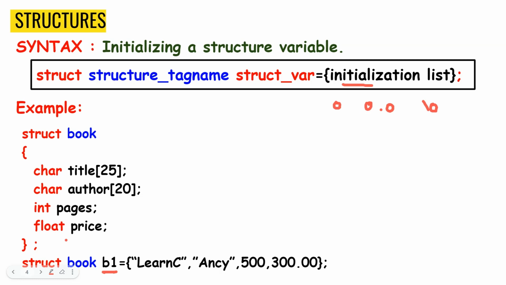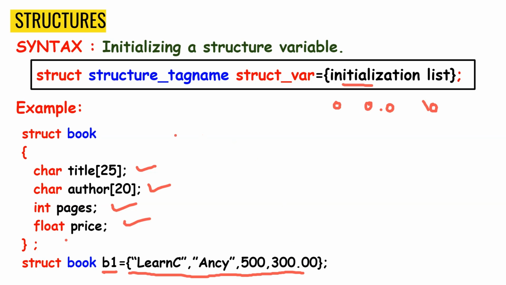Here we have an example of how to give the initialization list. Here is the structure definition; we are using the same structure which we have defined already, struct book. The structure members include title, author, pages and price. After you define it, you separately declare the variable. You give struct, the structure tag name, followed by the structure variable B1. In the declaration itself, we are initializing the values for B1.